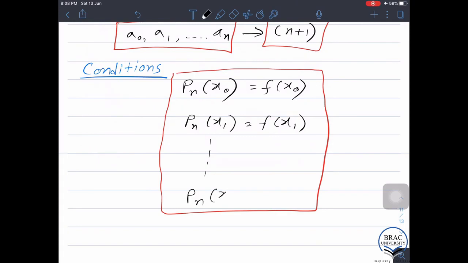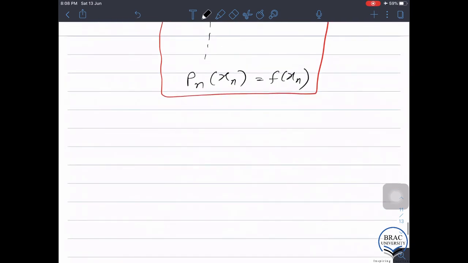That means that I need n plus 1 nodes to find an n degree polynomial. So I will have x0 up till xn, and this will give me a polynomial of degree n. So it depends on the number of nodes.